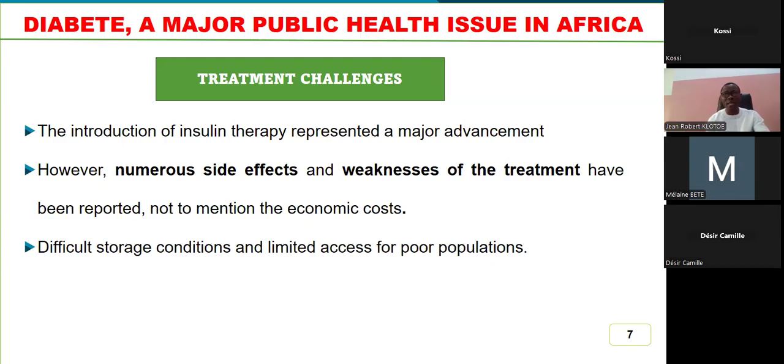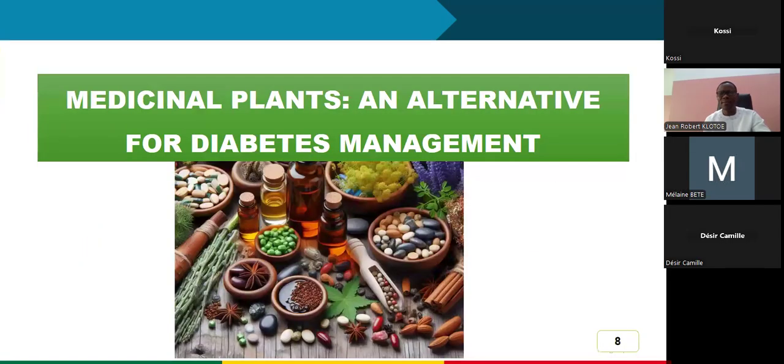We need also to take into account the fact that the treatment is costly. So the population with a low income has difficulty accessing this treatment. For insulin also, the challenges of storage, the conditions of storage, and the limits of access are also problems that have to be addressed. So medicinal plants are also an alternative for the management of diabetes.